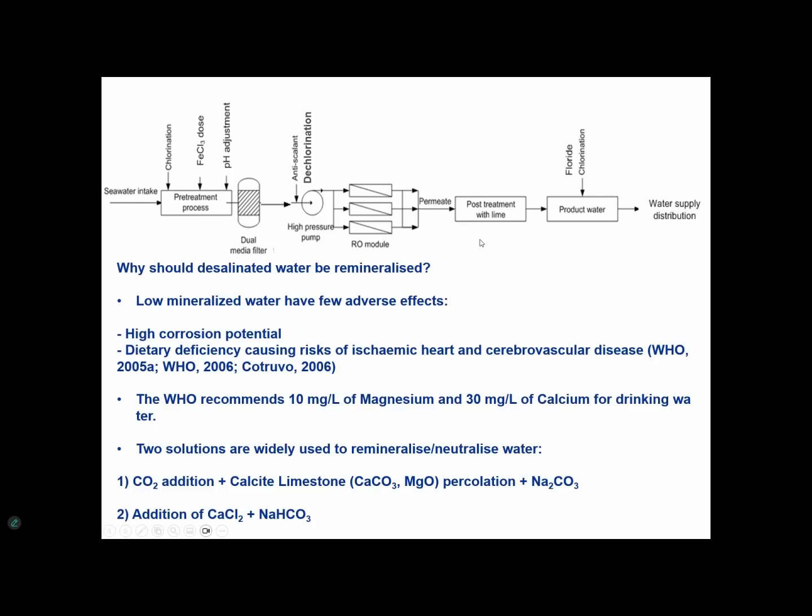So there are a lot of adverse impacts when you have only sodium chloride in your water. So magnesium and calcium, using calcite, limestone or sodium carbonate or CO2, calcium chloride, and this solution can be combined with the post-treatment, so that you can improve the overall quality of the drinking water.